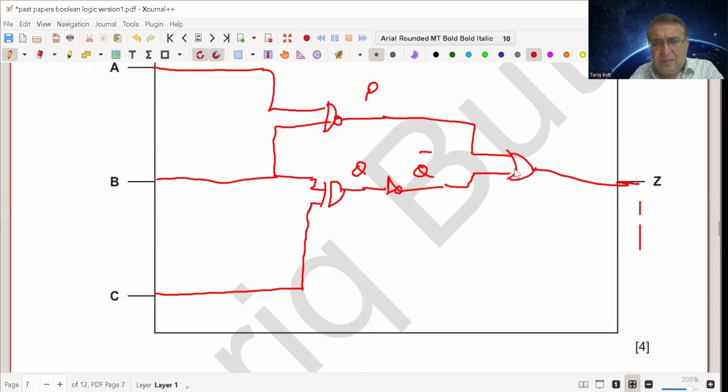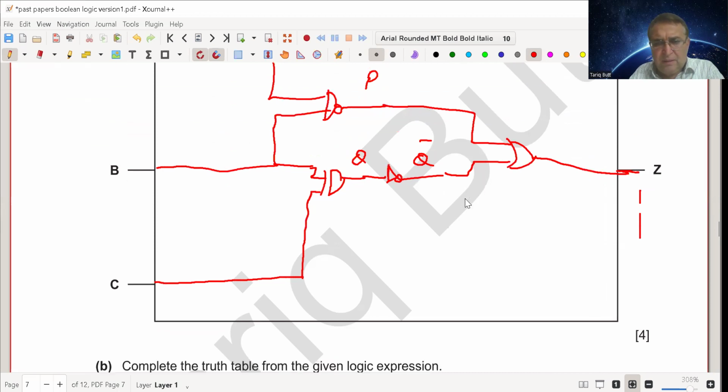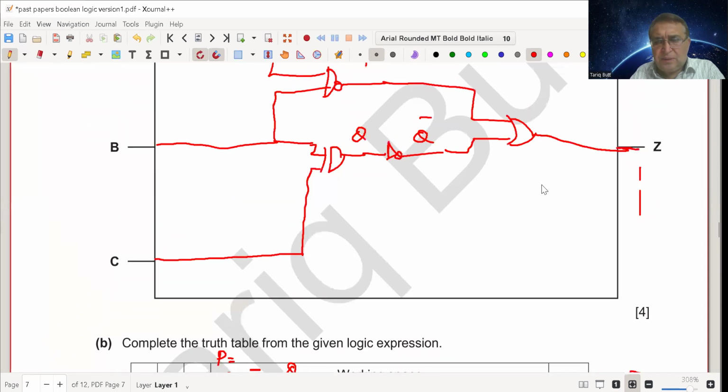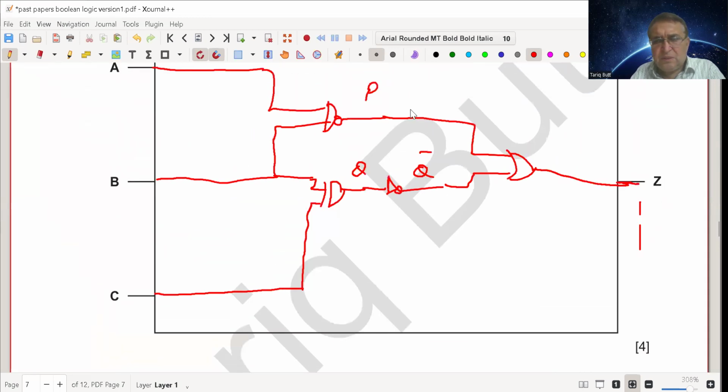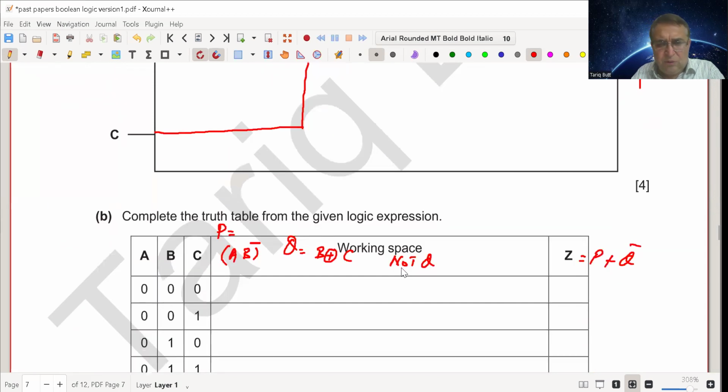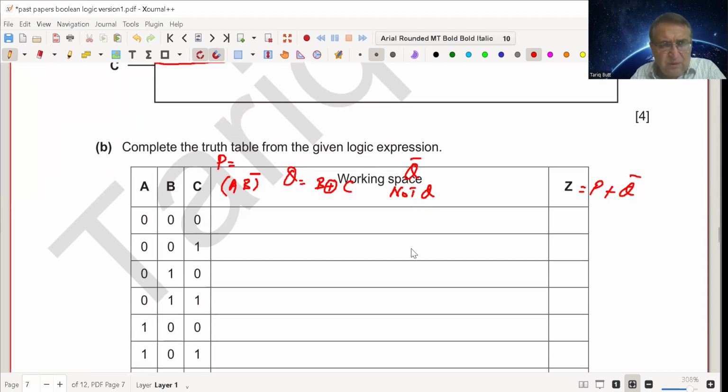And finally, Z is P or Q bar. This is Z, which is P or Q bar. So let's quickly work this out.